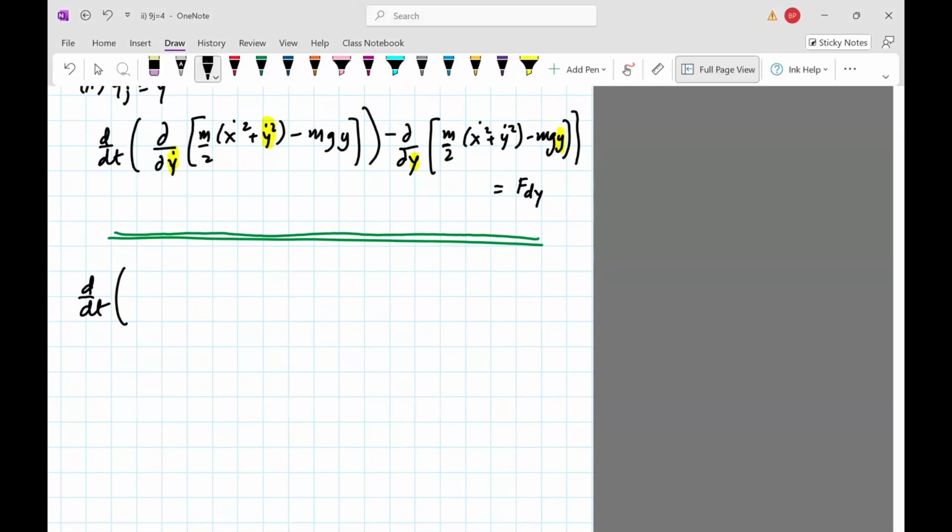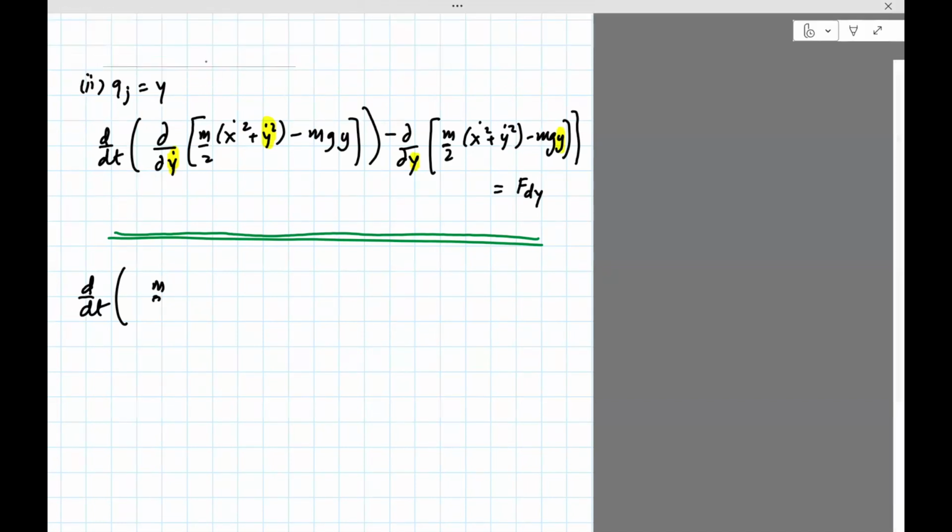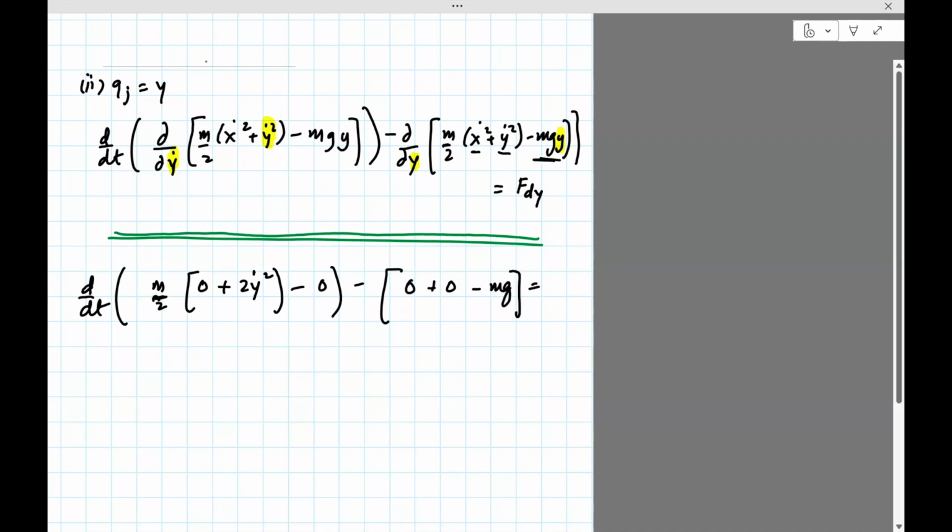So here we have m divided by 2, x dot squared gives 0, y dot squared gives 2 y dot, minus d/dy, so that's going to be 0 for this, 0 for the second one, minus mg times 1, equals F_y.